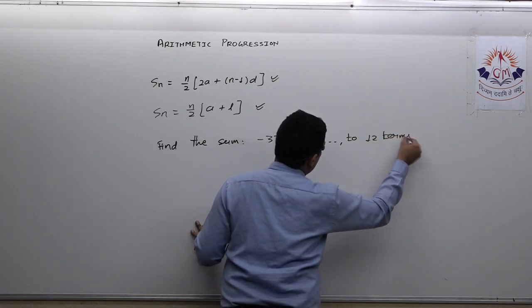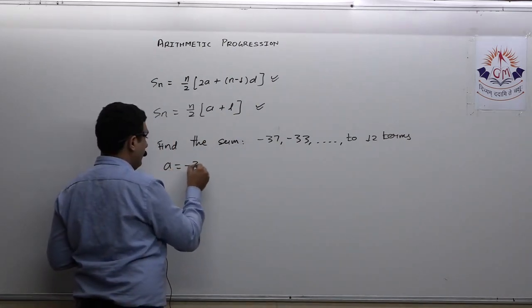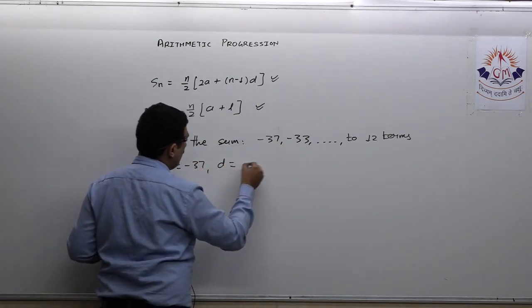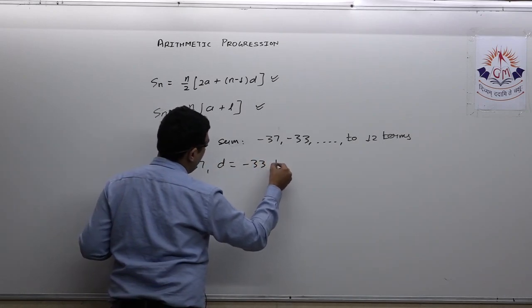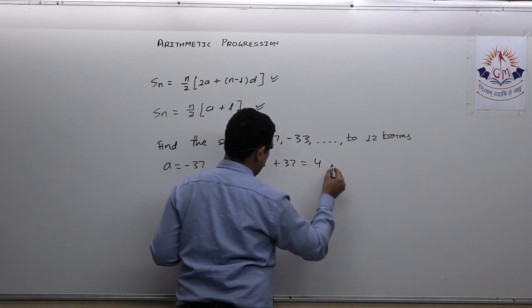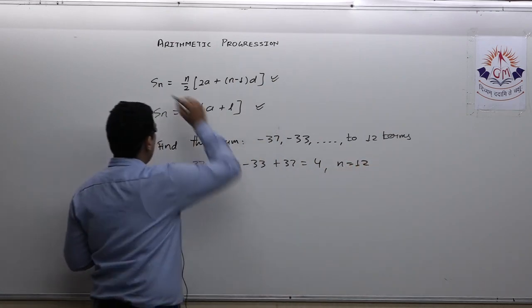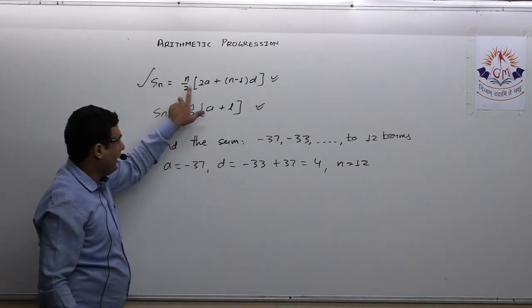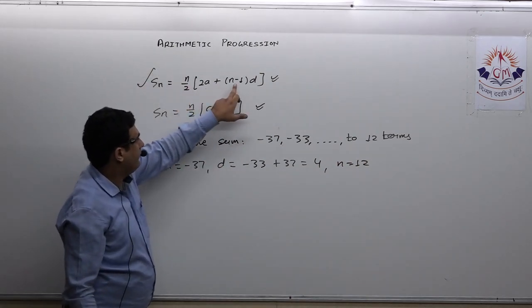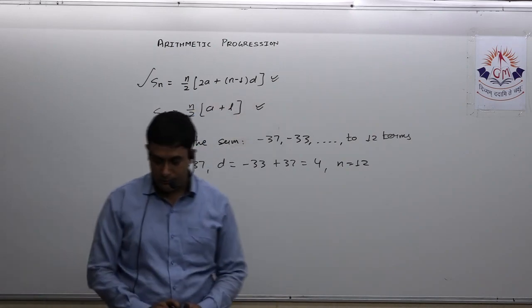Obviously it is given this is an AP. So here A is equal to minus 37, D is equal to minus 33 plus 37, that is 4, and n is equal to 12. Simply you will apply this formula. We have n, we have A, we have D, so using this formula it is possible to get the sum.